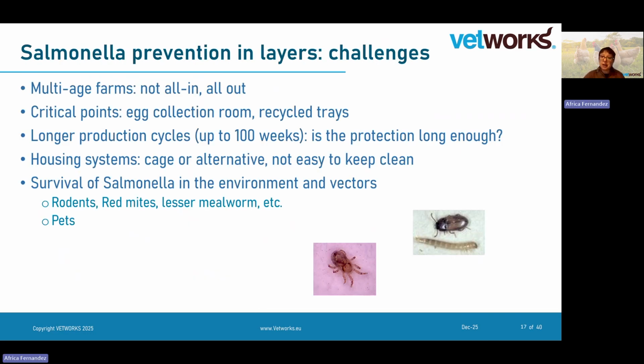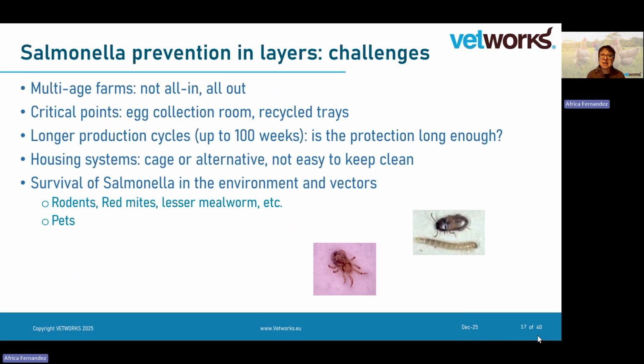So specifically, if we talk about layers, we can highlight that layers normally are multi-age farms. Again, critical points, anything to do with egg handling, that is a big area, very important in Salmonella control. The cycles in layers are longer and longer, so that is also a challenge in terms of how long this protection lasts, and the immune system, as I mentioned.